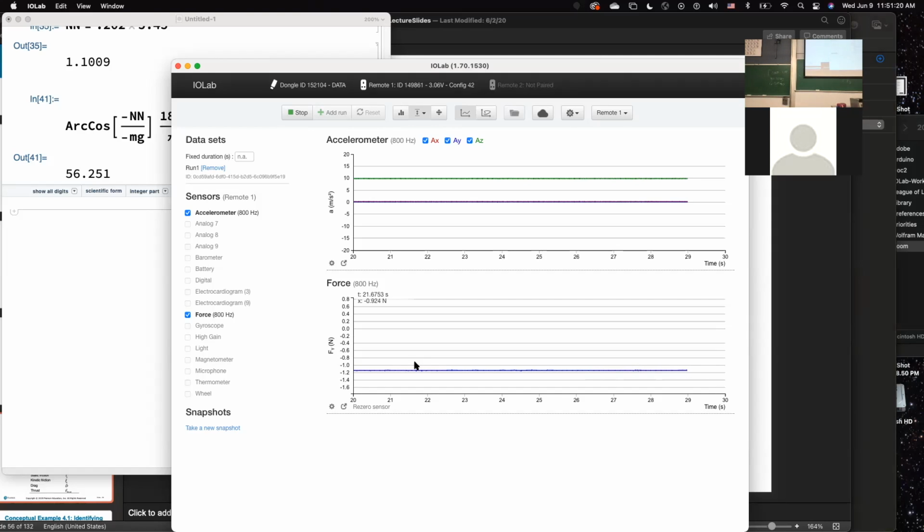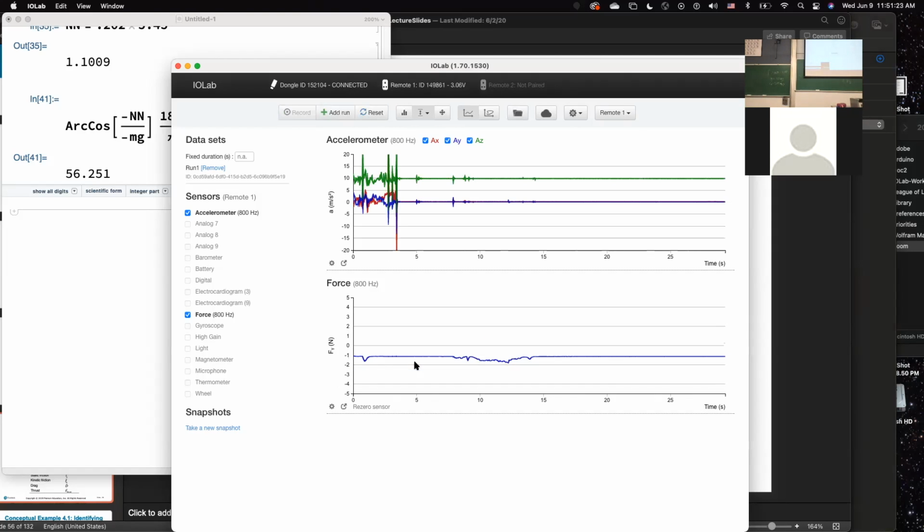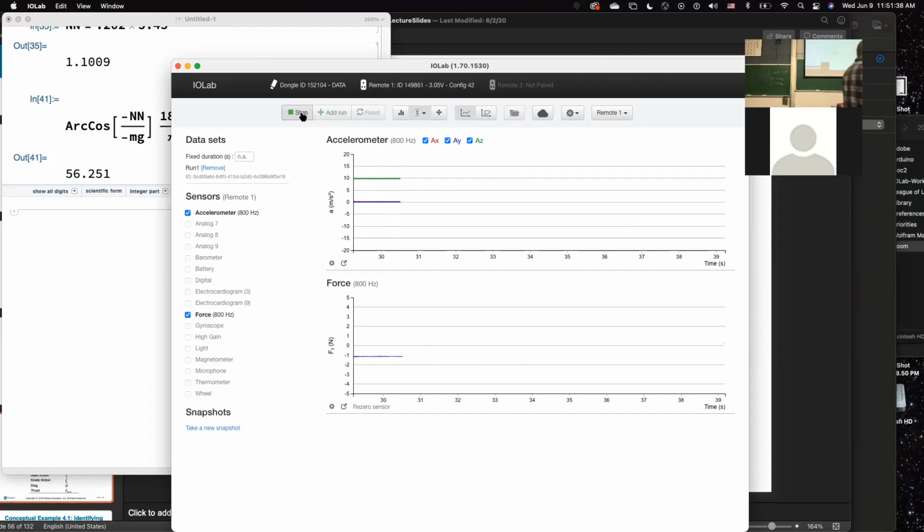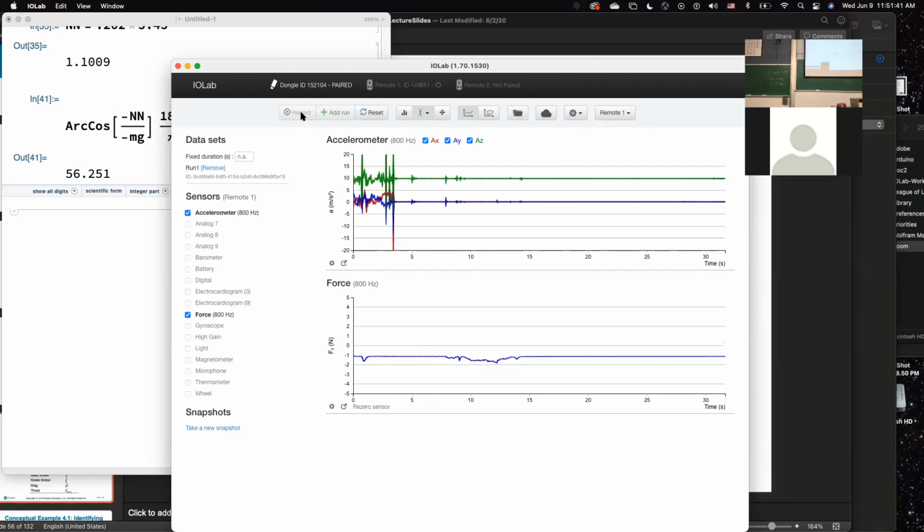And we need to make it a little bit better. We need to put some stuff on it. All right, this is better. Okay, so I'm going to start pushing on my force sensor here.